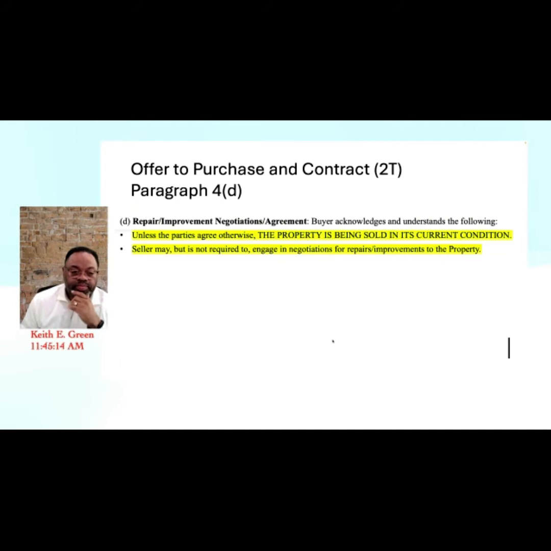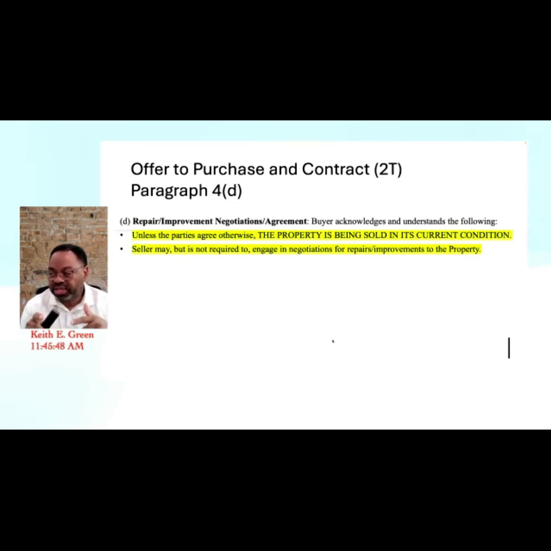Now, paragraph 4D regarding the offer to purchase contract. What the commission is saying with this particular item is that when you go view the property, the property needs to be in the same condition as it was when you close.